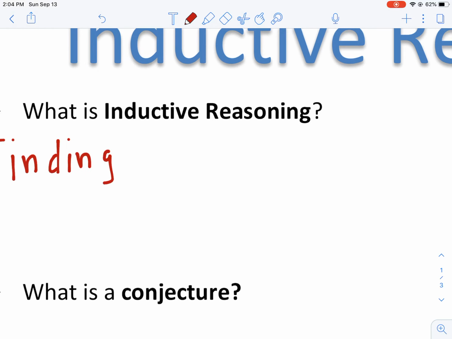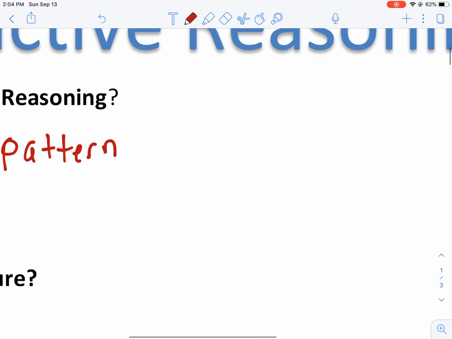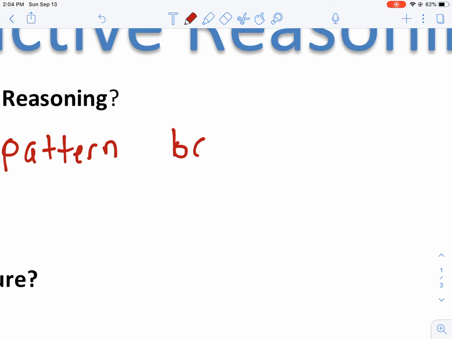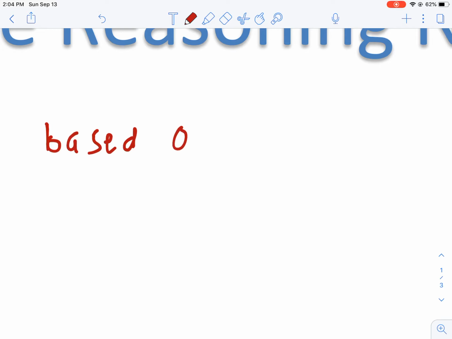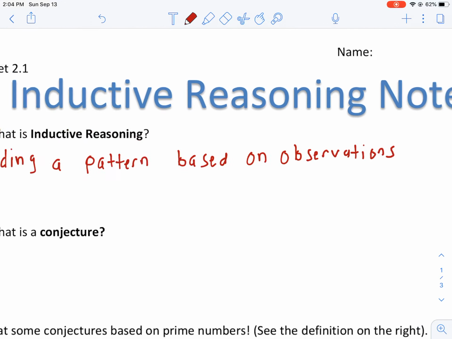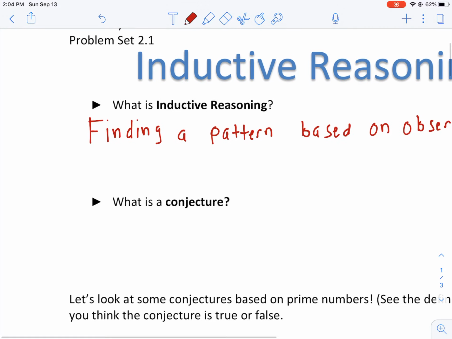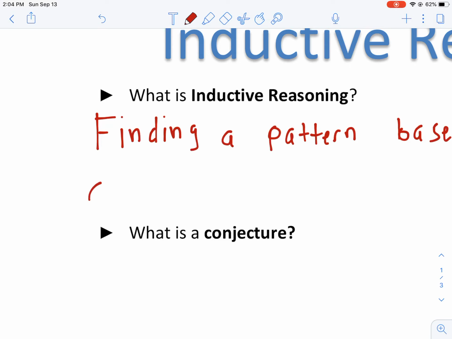All right, inductive reasoning is all about finding a pattern based on observations and then writing a conjecture.